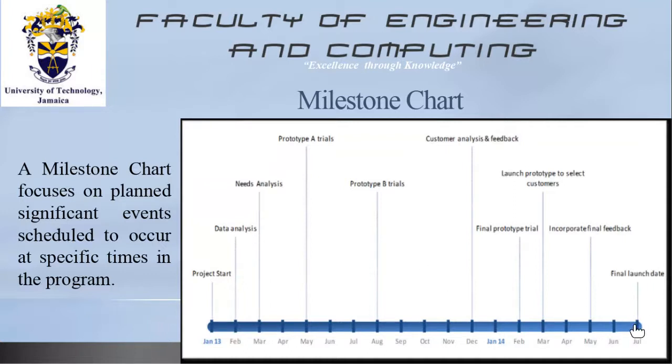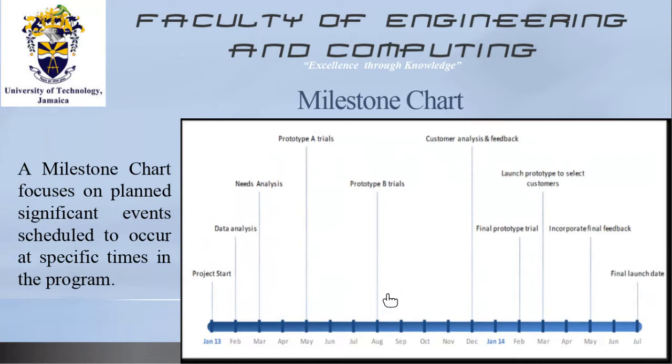And certainly by the end of July, or whatever date it is in July of the following year, we have that as our final launch date. So that's a milestone. And on our milestone chart, all the work necessary to be completed prior to the final launch date must have been completed for us to realize this particular milestone.